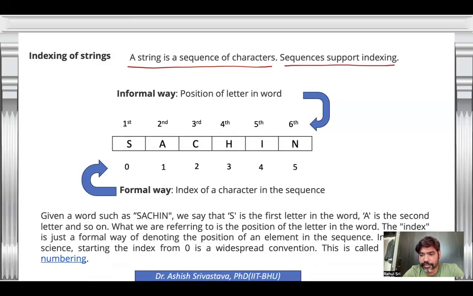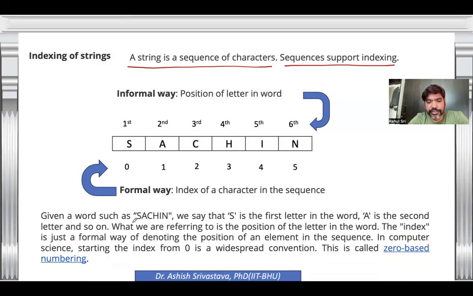Given the word Sachin, we say that S is the first letter in the word, A is the second, and so on. What we are referring to is the position of the letter in the word. S is the first position, A is the second position, and so on.